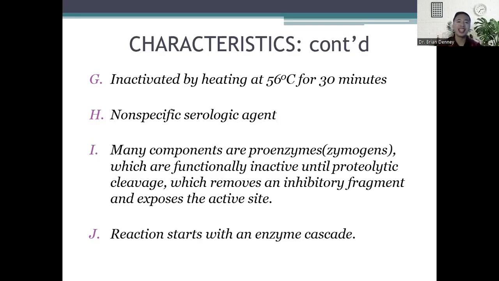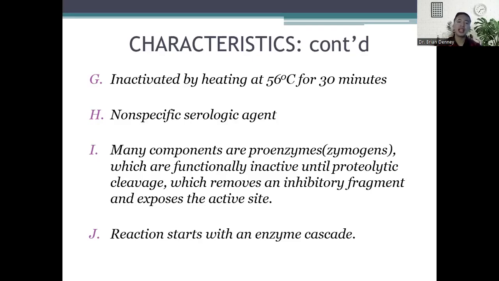I mentioned already that the components of your immune system are zymogens or pro-zymogens, meaning they are inactive until what happens? There is proteolysis. Again, question, what complement protein subset are considered zymogens? Correct, those that are soluble, the serum complement proteins.